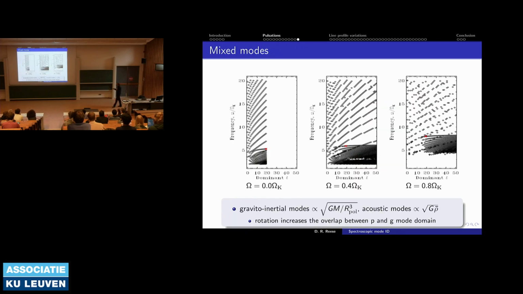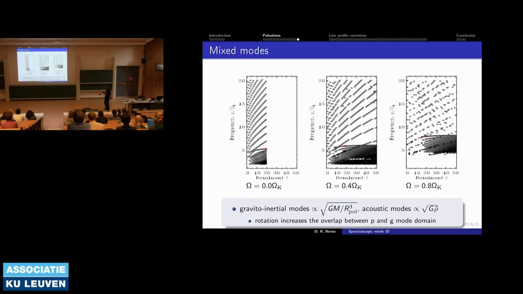Finally, it's interesting to look at how rotation affects both P and G modes together. So these would be for M equals 0 modes. You have 3 different panels which show the pulsation spectrum at different rotation rates.